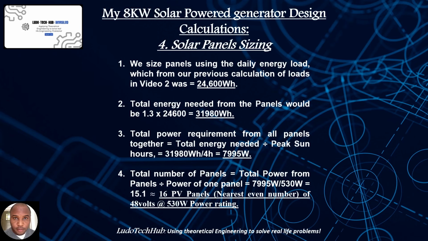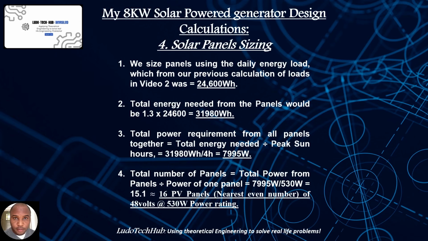But since that is our daily requirement, we're going to multiply it by a certain factor so that our panels will always produce more, so that during the daytime we can be powering most of our equipment without even touching the energy stored in the battery.